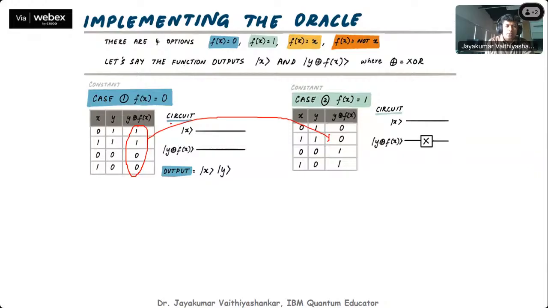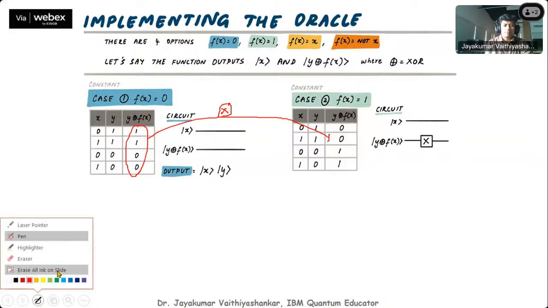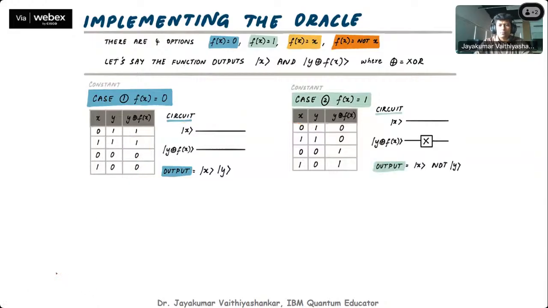So not of 1 is 0, not of 1 is 0, not of 0 is 1, not of 0 is 1. Are you able to get the logic? So the output is state x, not state y.